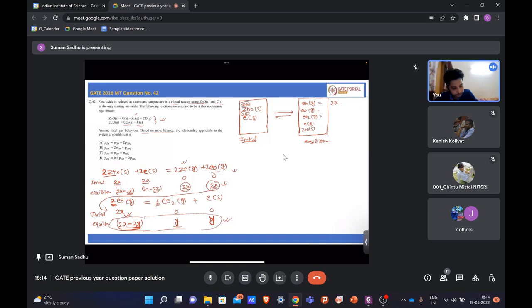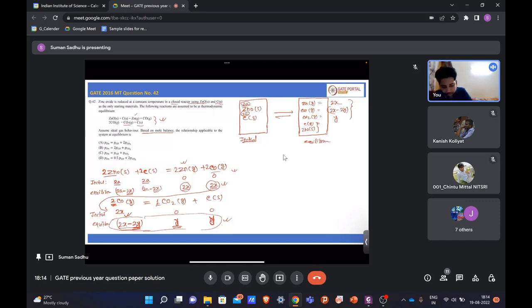So carbon monoxide is present as 2x minus 2y mole, right? And carbon dioxide, y mole is present. Now the unreacted carbon and ZnO are in the solid form, so they will not exert any pressure in this closed reactor. So only these three will contribute to the pressure.